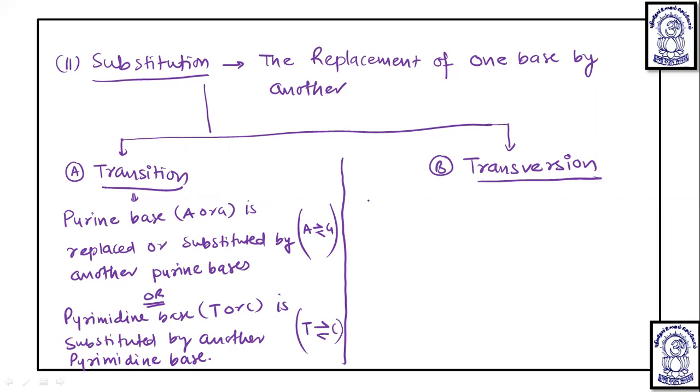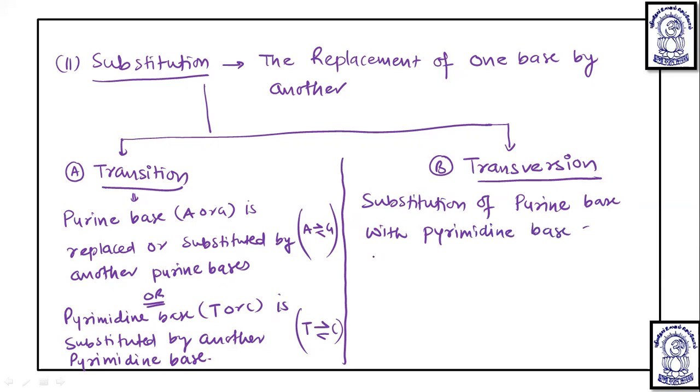But in transversion, if you see, it is the substitution of a purine base with a pyrimidine base or vice versa. If such a substitution occurs, then it is known as transversion.